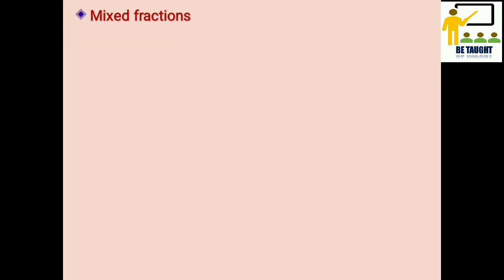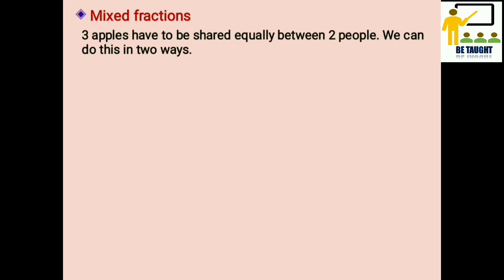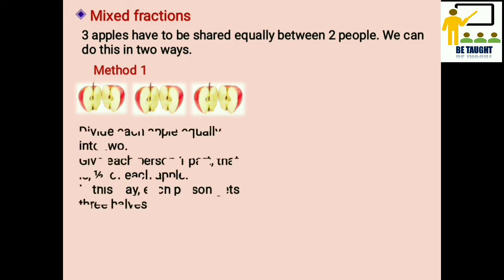Now we shall learn about mixed fractions. 3 apples have to be shared equally between 2 people. We can do this in 2 ways. Let us see the first method, that is method 1. Divide each apple equally into 2, as you can see in the picture.